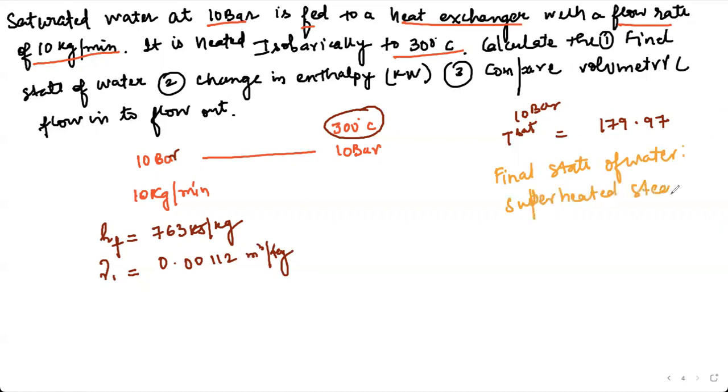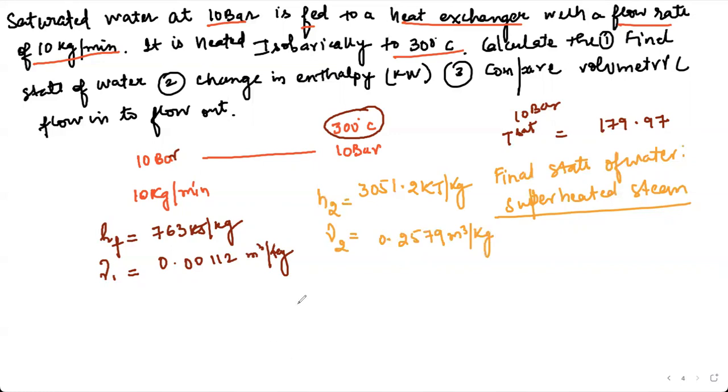With this, we solve the first part of the question. The value of H2 at 300 degrees Celsius and 10 bars is 3051.2 kilojoules per kg, and your specific volume is 0.2579 meter cube per kg.